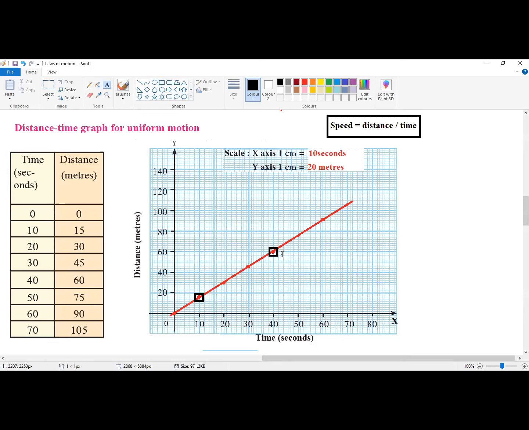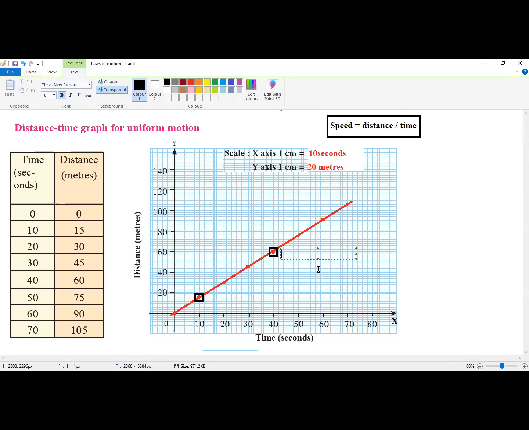Let's write the coordinates. This will be our x1, y1. The x coordinate we call x1, and the y coordinate y1. x1 is 10 seconds and y1 is 15 meters.